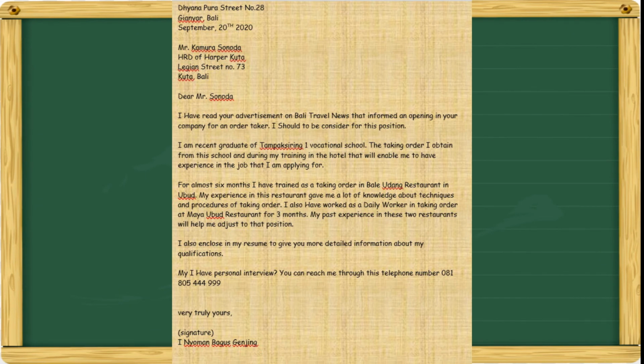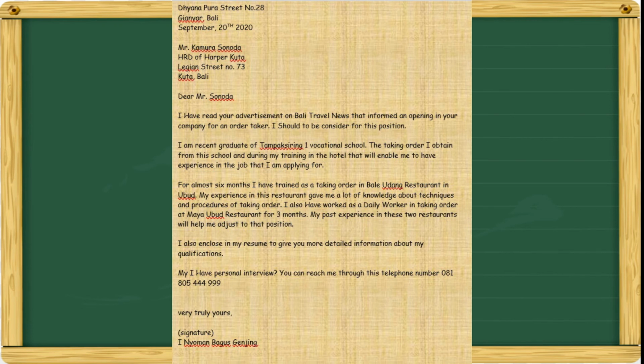Dear Mr. Sonoda, I have read your advertisement in Bali Travel News that informs of an opening in your company for an order taker. I would like to be considered for this position. I am a recent graduate of Tampak Siring 1 Vocational School. The order taking skills I obtained from this school and during my training at the hotel will enable me to have experience in the job that I am applying for.